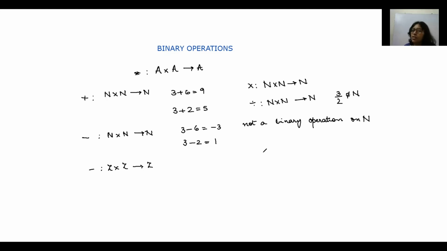Is it on rational numbers? Let's take two rational numbers and think of their division. Suppose we take 3 as a rational number and divide it by half. Our answer is 6. Yes, it is a rational number. If we take 3 and divide it by 2, it is 3 by 2. Yes, it is a rational number. But when it comes to 0, we have a problem. This is undefined.